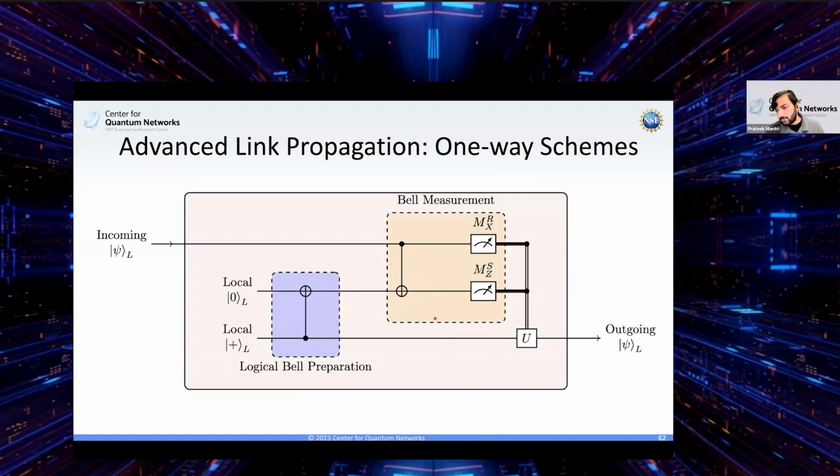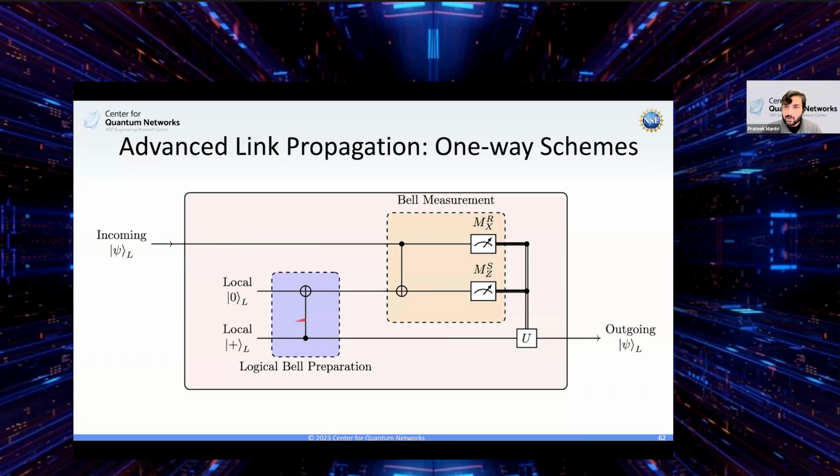Another way to look at this is if we can teleport the logical state from one part to the other. So let's say we have this logical state psi L incoming, we prepare a logical Bell state locally at the repeater.